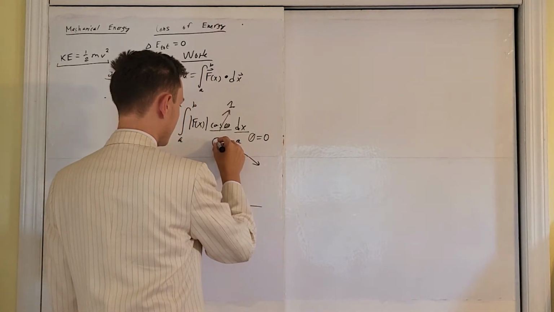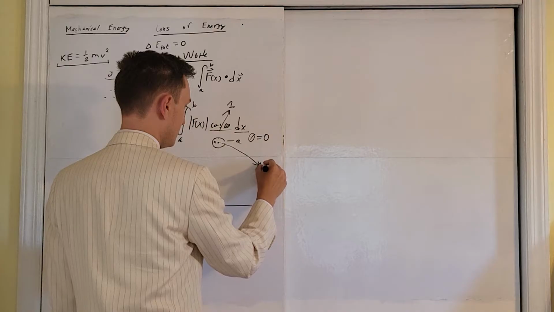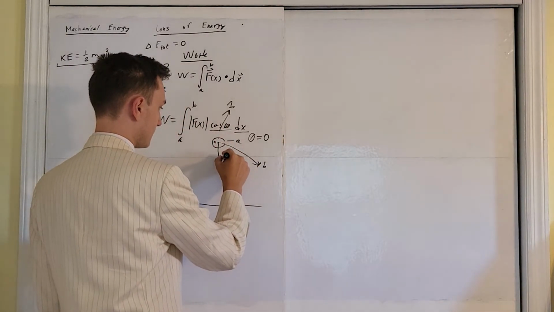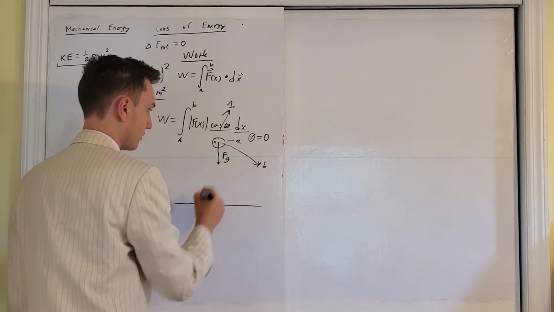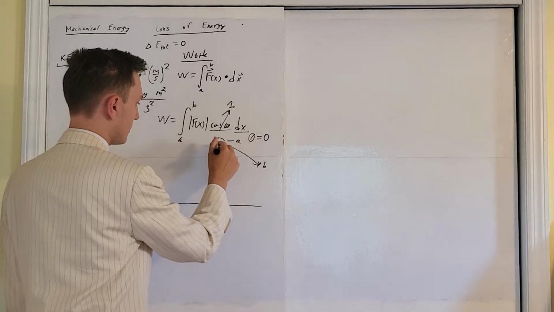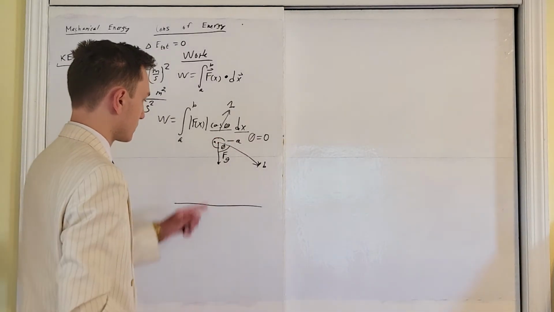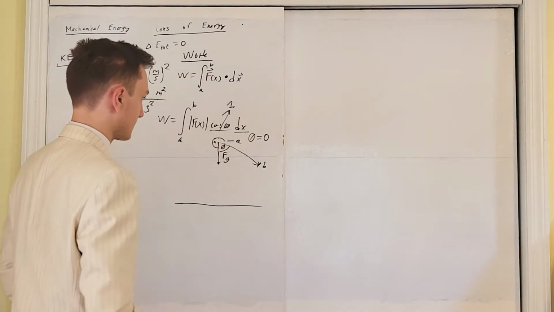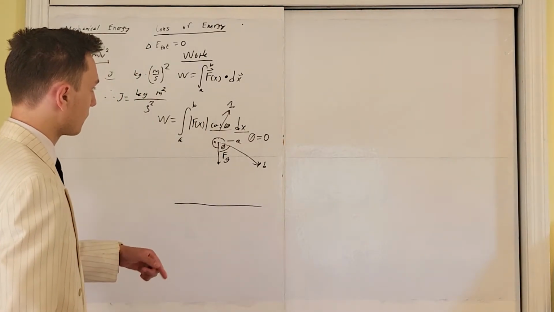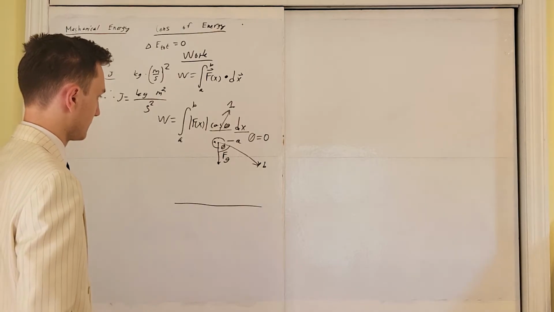And I would have a position A right here and a position B right here. That's my displacement vector, but my force vector, the force of gravity, is still pointing downward. Therefore, in this case, I do have a non-zero angle theta between my force vector and my displacement vector. So that will decrease the overall work done by the force, okay?